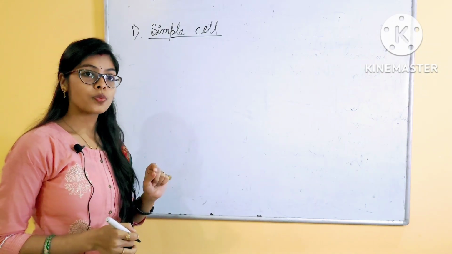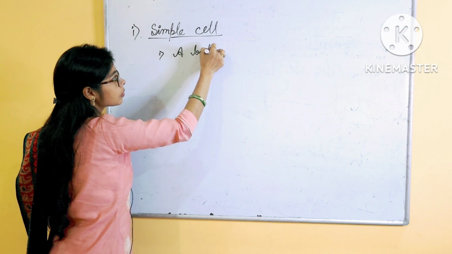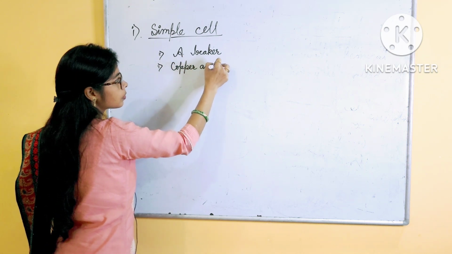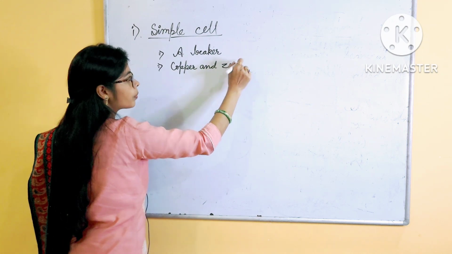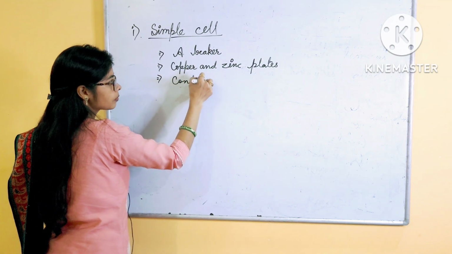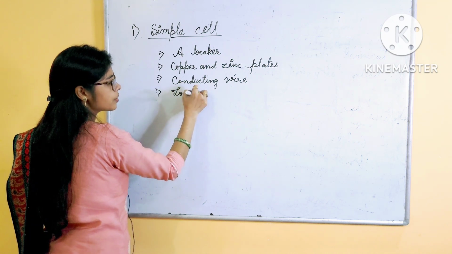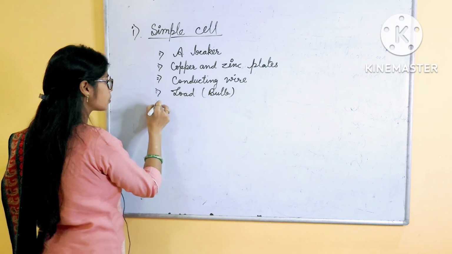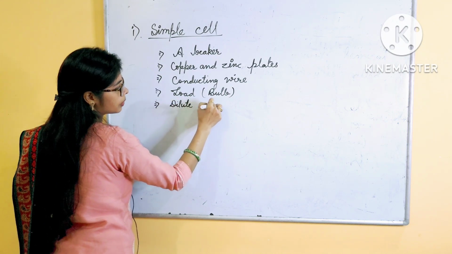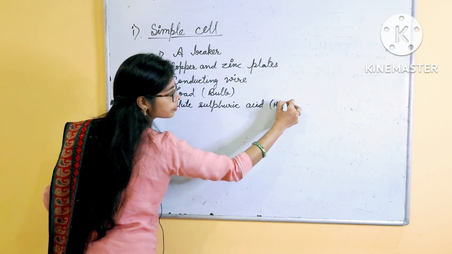To make this device, first we need some components, like a beaker, copper and zinc plates, conducting wire, a load, generally it could be a bulb, and dilute sulfuric acid, which we also consider as H2SO4.